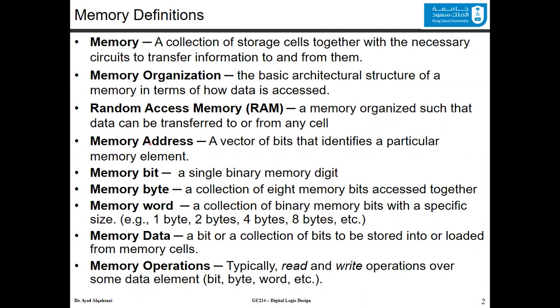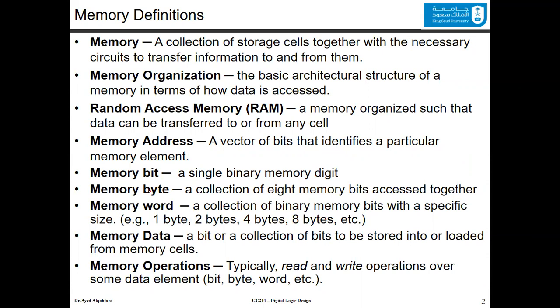The memory address is a vector of bits, or a group of bits, that identifies a particular memory element. A memory bit is a single binary memory digit, meaning it's either 0 or 1.